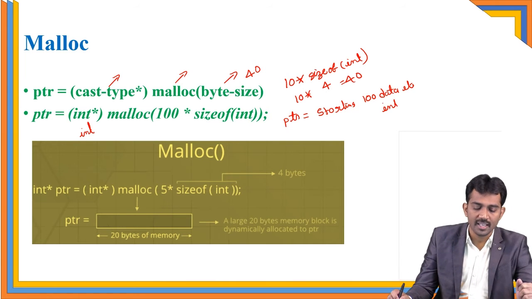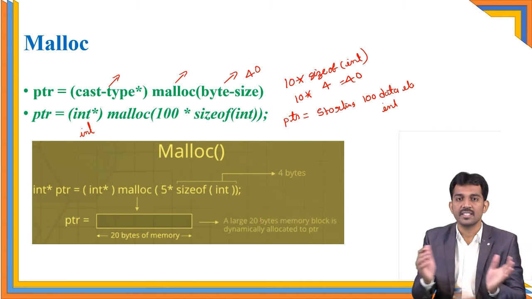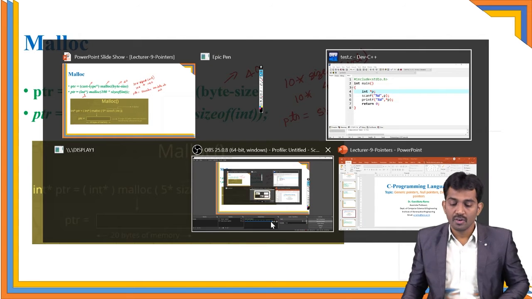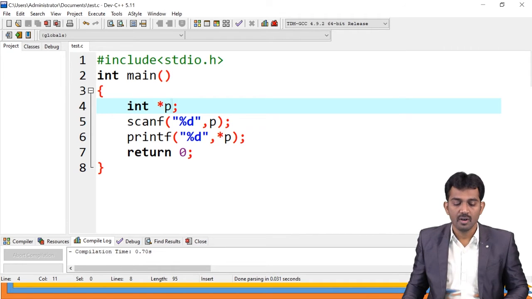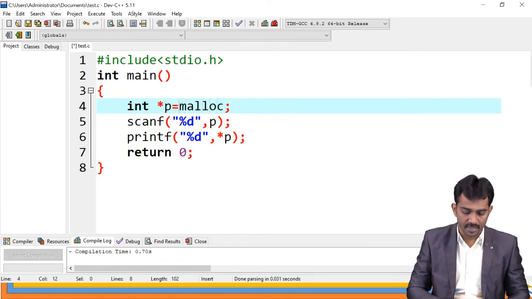For example, observe clearly. In this given example, they are going to allocate 20 size of data items. If you allocate the data, observe carefully, malloc of what type? Integer type.